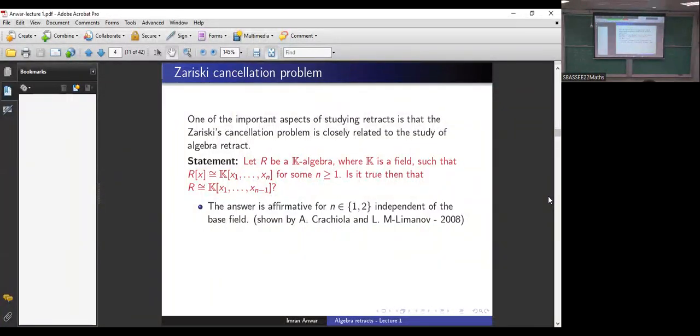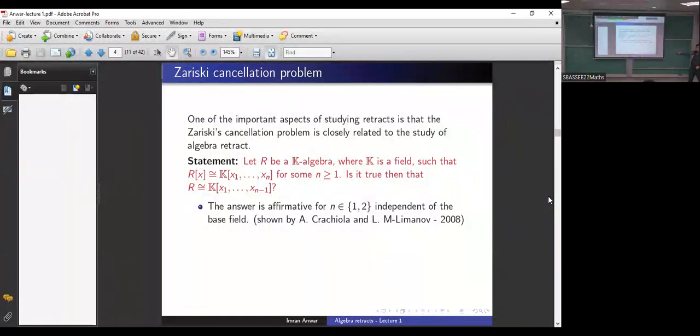Thank you. Could you give a little bit of intuition for why it's so difficult to find an algebra retract? For the negation, the problem is this: if I say that there does not exist any algebra retract inside this structure, declaring that is not an easy problem, because you may be trying to find a map and be unable to find it, but that doesn't mean it does not exist.